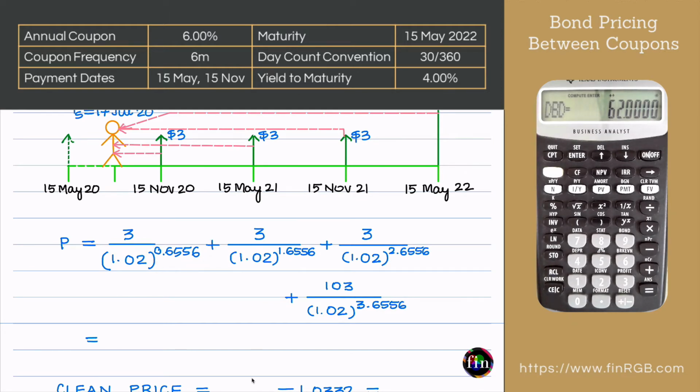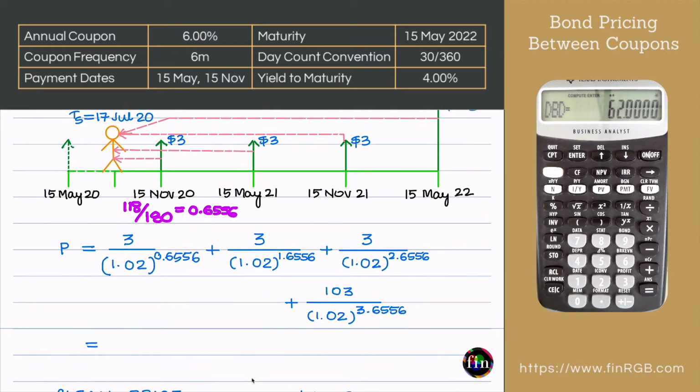The number of periods is the number of days, which if you remember was 118, divided by the total length of this period in days, which is 180. So 118 over 180 gives me 0.6556.